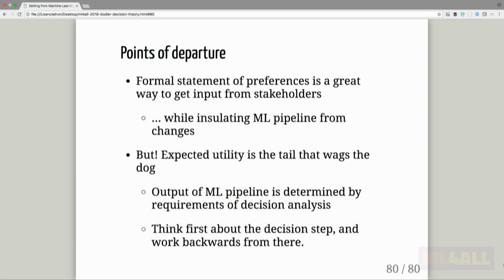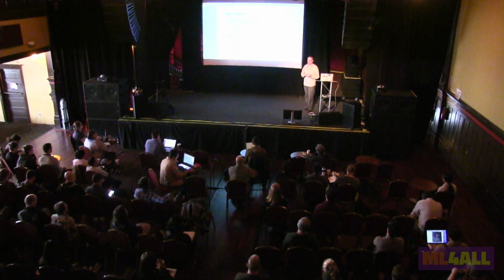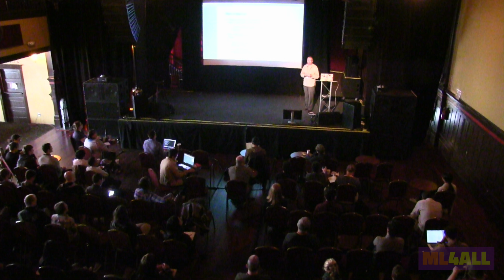However, a key point here is that it's on the basis of the expected utility calculation that we need to determine what the outputs of the machine learning pipeline need to be. So when we talk about assessing different actions in different contexts, those different contexts are going to be the outputs that we need from the machine learning pipeline.